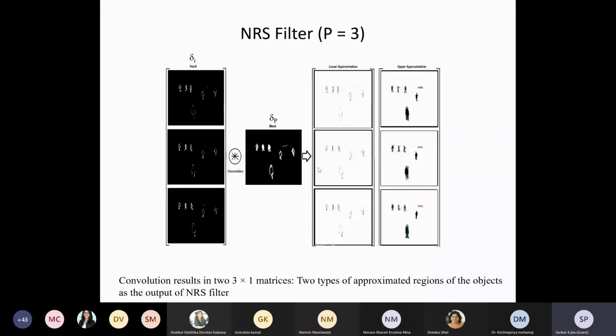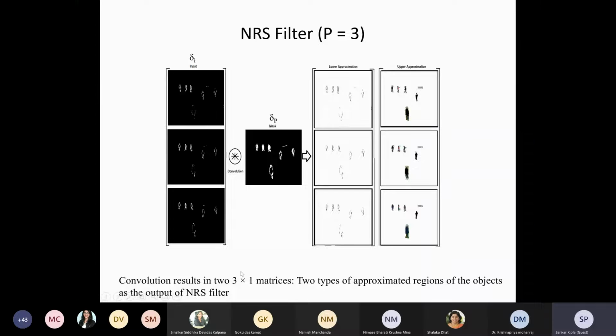As an example, for P equal to 3, the previous 3 frames, you can see this is my delta I, and this is the union of the delta P. I take the convolution. This is my lower approximation and upper approximation. That means of the object models, this is definitely belonging to the objects, and this is definitely as well as possibly belonging.